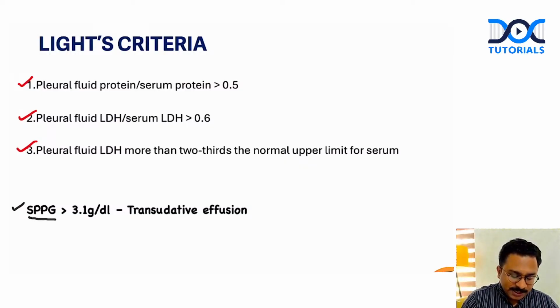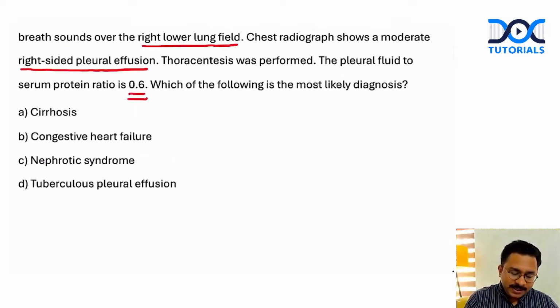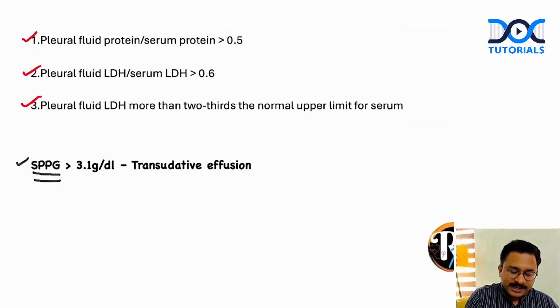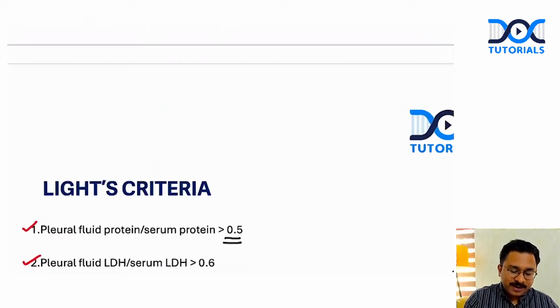It's on the serum pleural fluid protein gradient. If it is more than 3.1 gram per deciliter, then what you categorized as an exudative effusion, you will have to change your decision and it is to be considered as a transudative effusion.